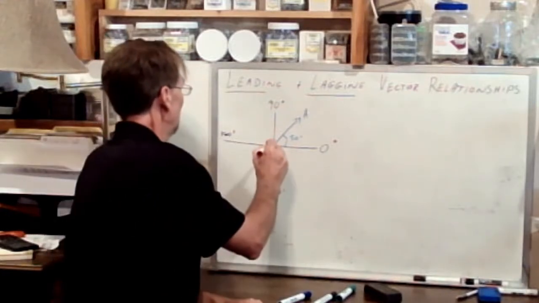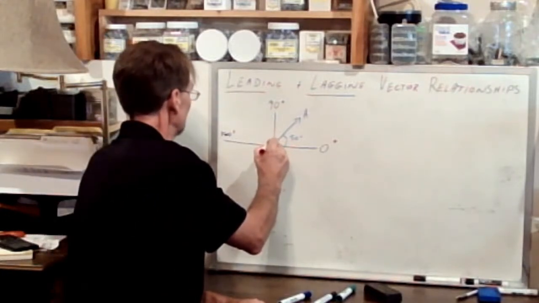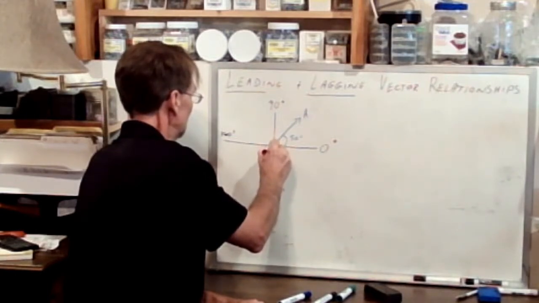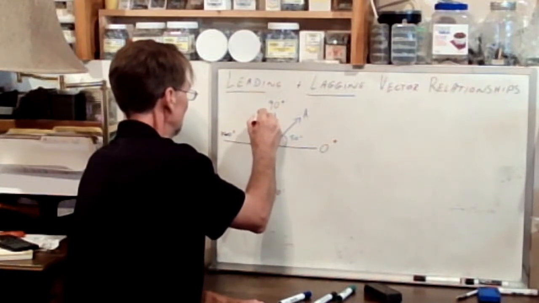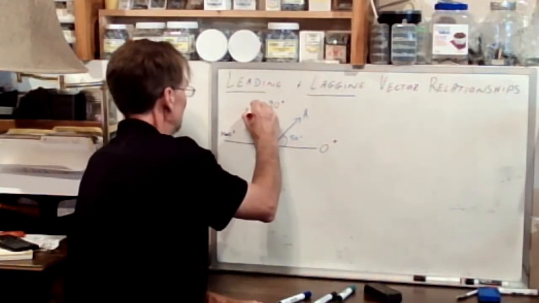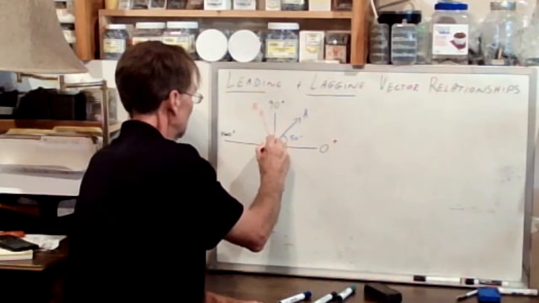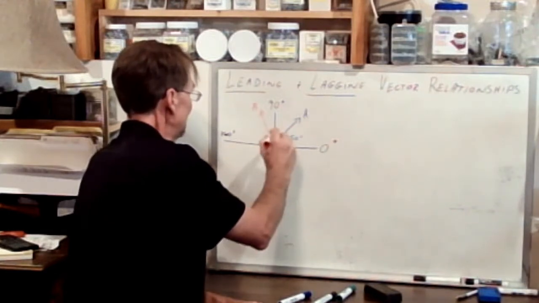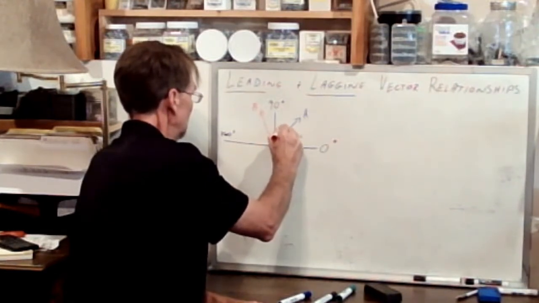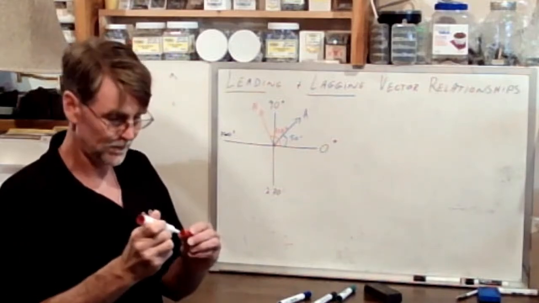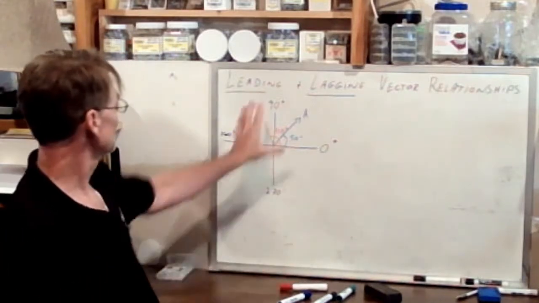Now let's draw over here. Let's put it right there. This is vector B and it is at an angle of 110 degrees. So there's our two vectors.